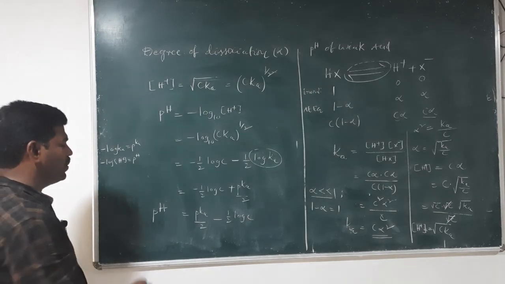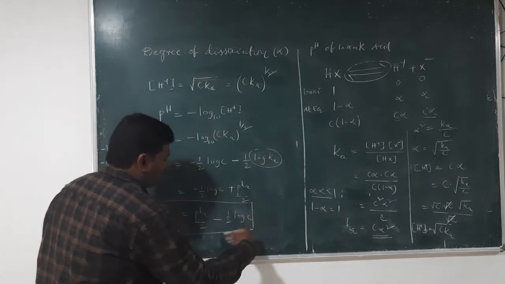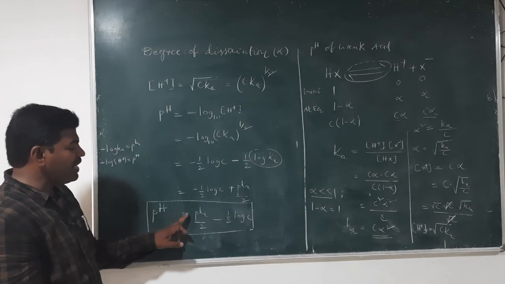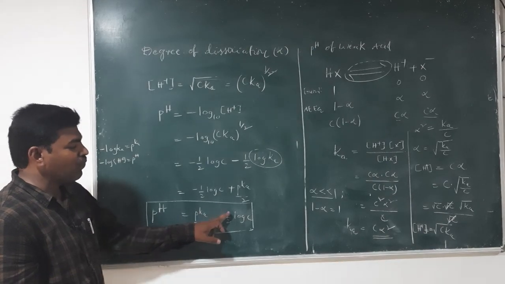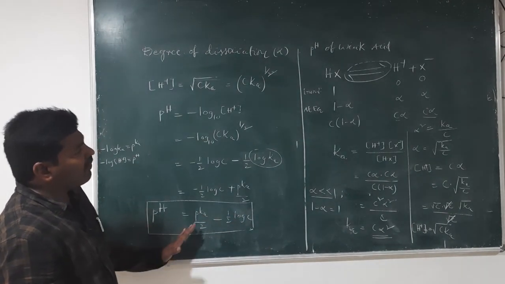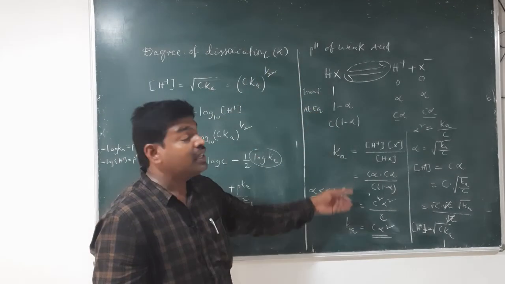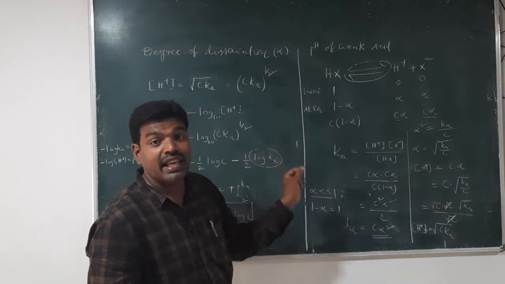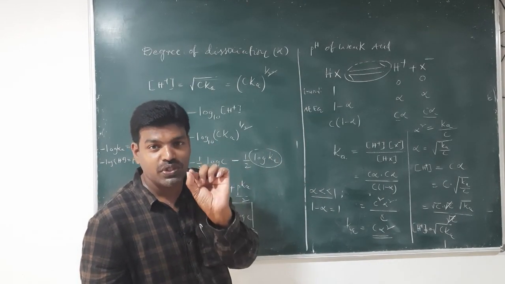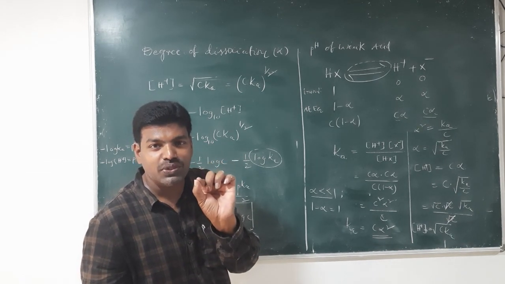weak acid. So, this is the formula for the pH of a weak acid. pH is pKa by 2 minus 1 by 2 log C. Why did we perform all these calculations? Because this is a weak acid. A weak acid does not undergo complete dissociation, that means it undergoes partial dissociation.